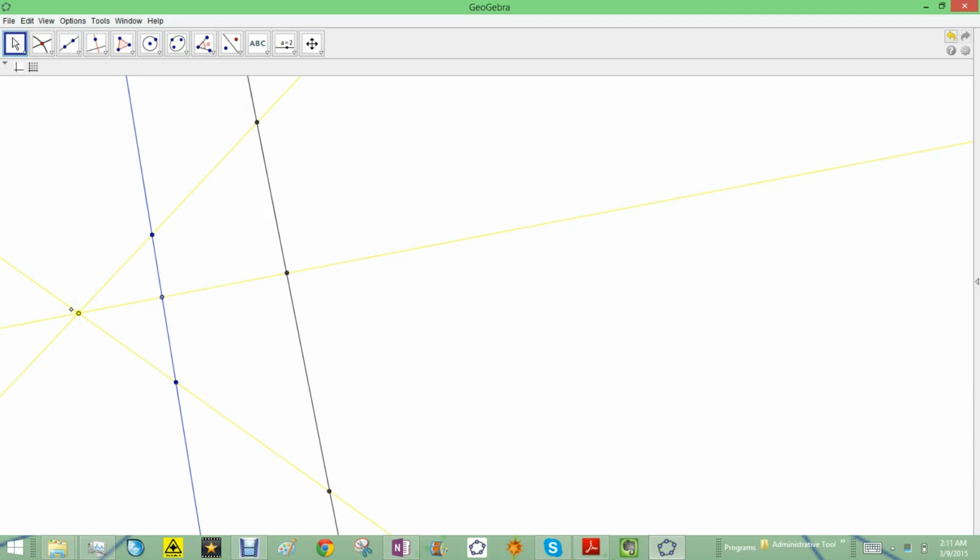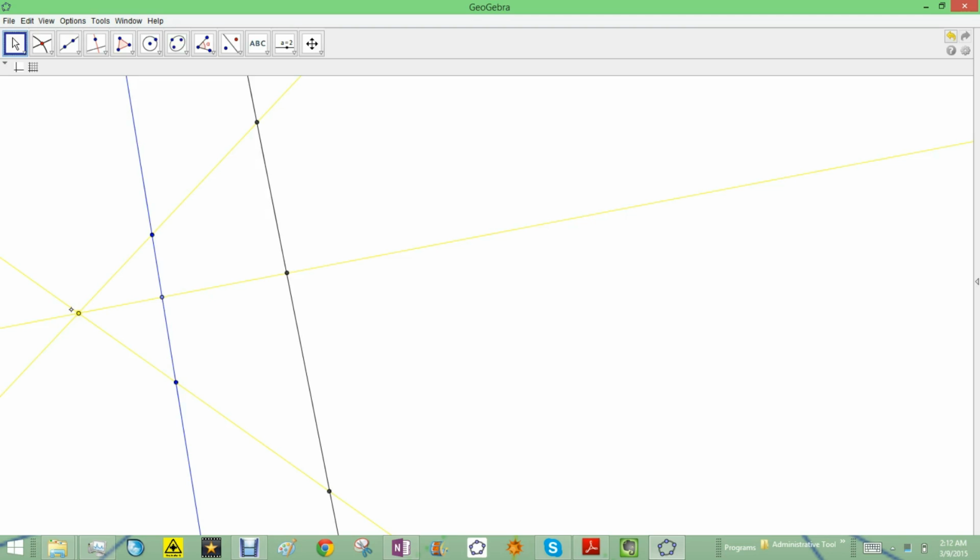And in fact, we really have a perspective from a whole line of points to a whole line of points, although I'm only showing 3 points here and 3 points here. It's quite difficult to draw the continuum.